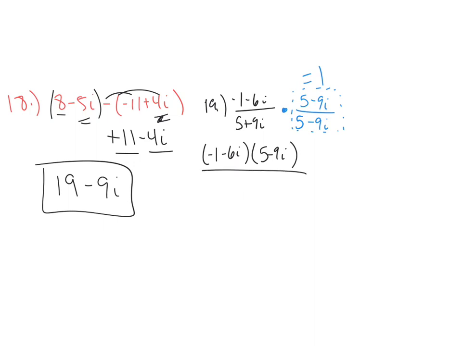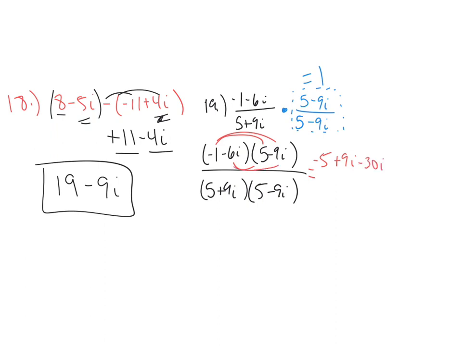So now, I have negative 1 minus 6i next to 5 minus 9i. I'm going to FOIL that. On the bottom, I have 5 plus 9i next to 5 minus 9i. You can FOIL that, but I'm actually going to take a shortcut I've written on the hint page. So I FOIL. Negative 1 times 5 gives me negative 5. Negative 1 times negative 9i is plus 9i. Negative 6i times 5 is minus 30i.